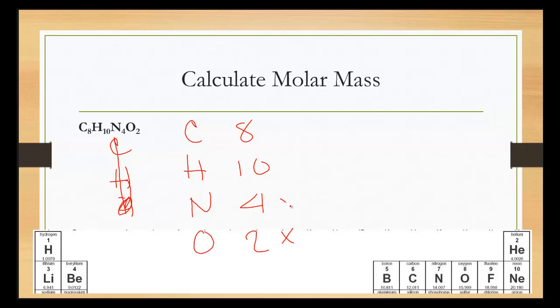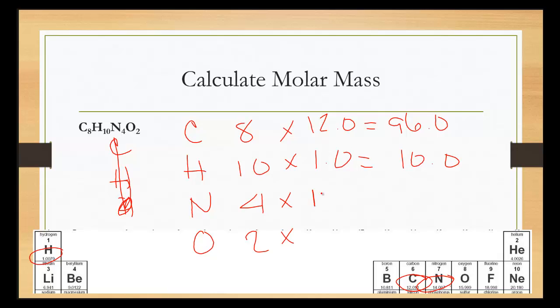From here, I look on the periodic table. Carbon is 12.0. So 8 times 12.0 comes out to be 96. Hydrogen is 1.0. 10 times 1.0 is 10.0. Nitrogen is 14.0. 4 times 14 is 56.